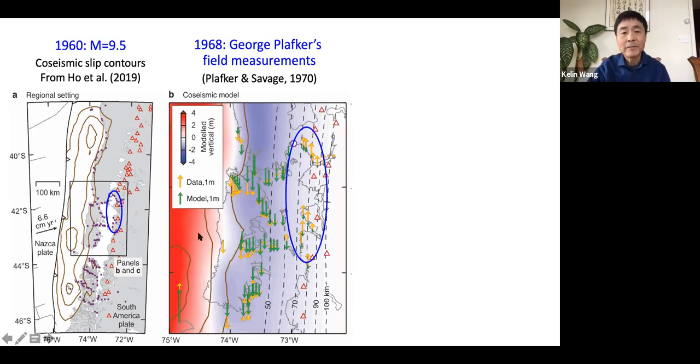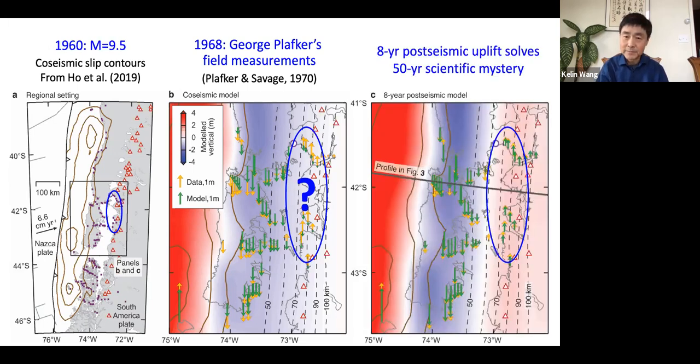So that uplift has remained a mystery for the past 50 years. Now the mystery has been resolved. Now we understand it is simply postseismic uplift due to viscoelastic stress relaxation in the presence of the cold forearc mantle wedge.